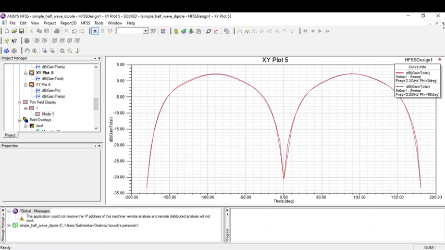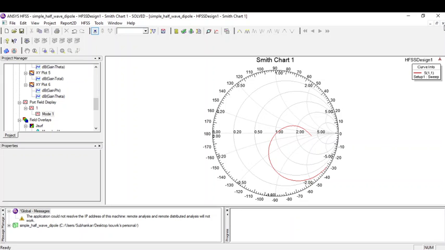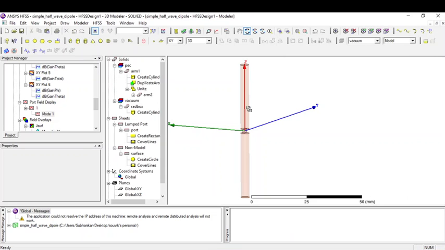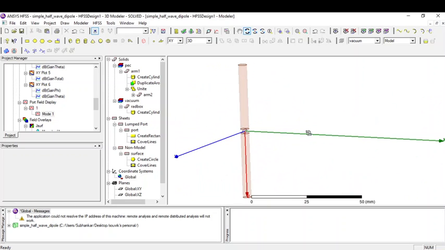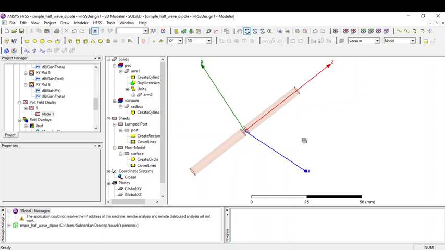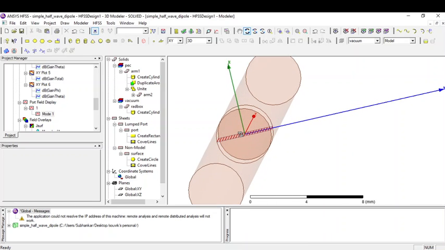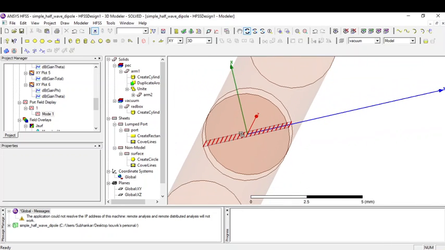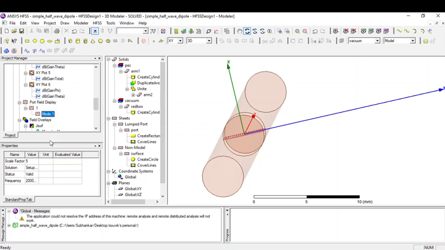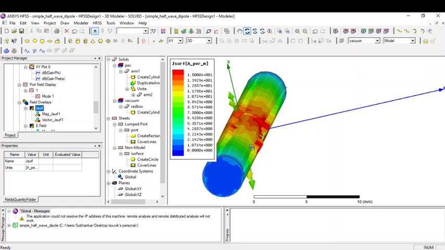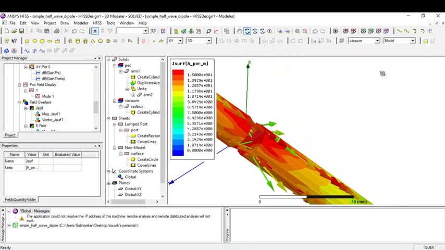For port field display, we have to see the main... we can see, it is going from here to here.